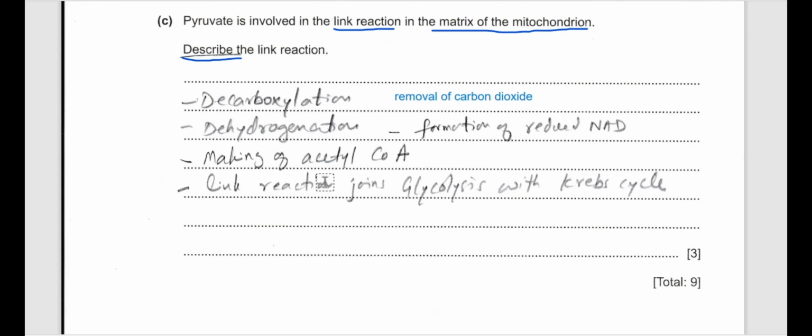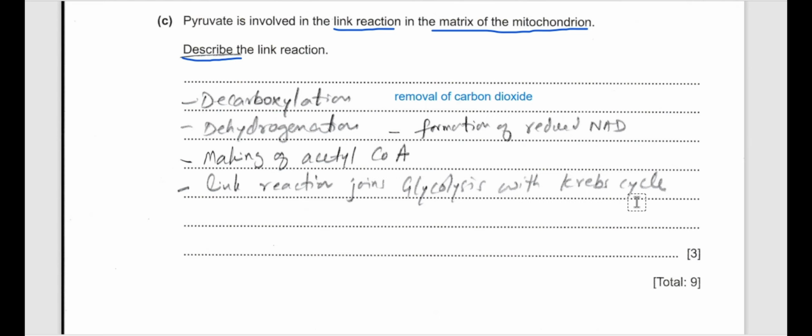The second important step is dehydrogenation, which is the removal of hydrogen, and then the formation of the reduced NAD. And the last step is making of acetyl-CoA, which is a compound which will enter in the Krebs cycle. And then link reaction joins glycolysis with Krebs cycle.